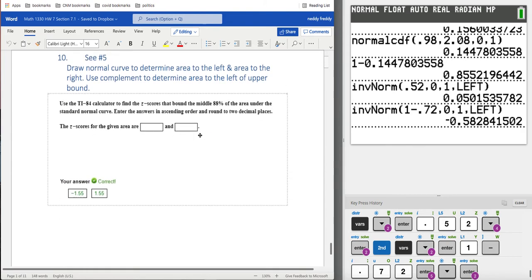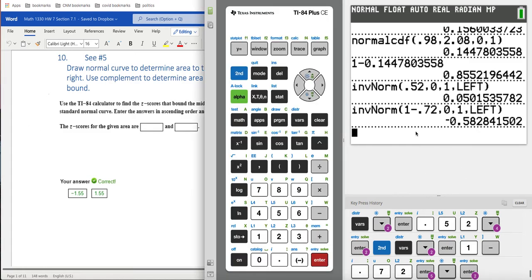And then pretty much always the very last problem in section 7.1 is one where you find the z-scores that bound the middle something percent of the area under the standard normal curve. That one again is going to use the inverse norm because you're looking for the z-scores.